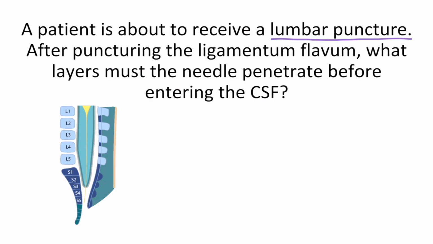So, as you recall, the clinician will find the iliac crest, I'll just write IC, which lines up with the L4 vertebral body, and then he will puncture between the L3 and L4 vertebral level, let's say, and after puncturing the ligamentum flavum, which is this blue part, you will enter the epidural space and then puncture the dura mater and the arachnoid mater before finally entering the subarachnoid space to enter the CSF.